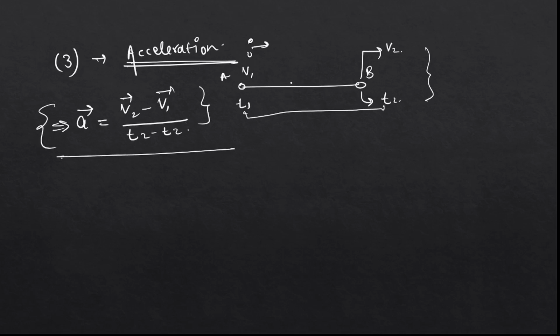But if I want to find the change in its velocity for very small interval of time, where this delta t more or less tends to zero, if I want to find the change which would have come in this small interval of time, then that would be termed as instantaneous acceleration.